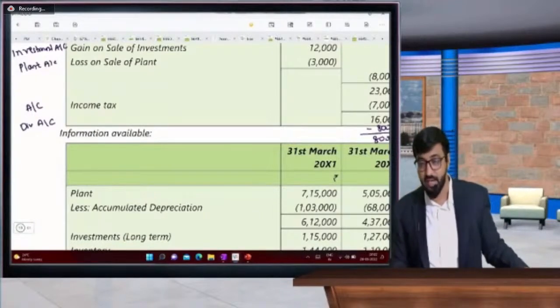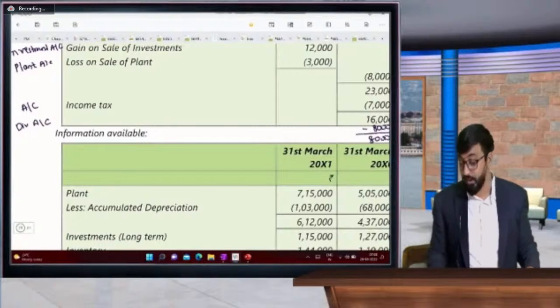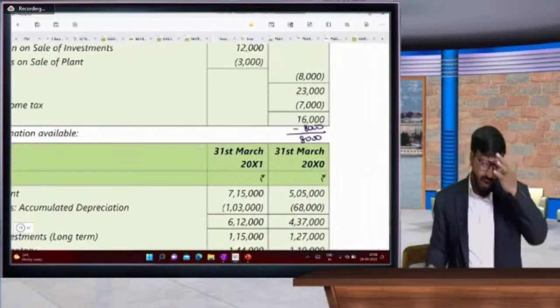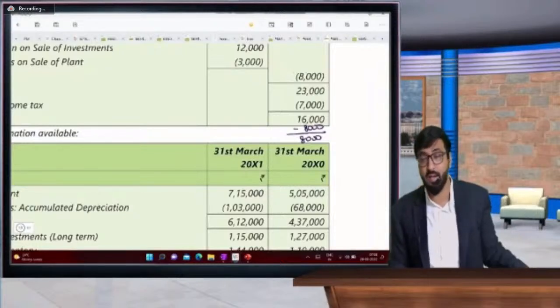So how many effects in indirect method? Two effects. In direct method only one effect, because that is a bifurcation of retained earnings from the balance sheet, and that bifurcation is nothing but the whole trading and P&L account. So beta, this is all the difference between direct and indirect method.